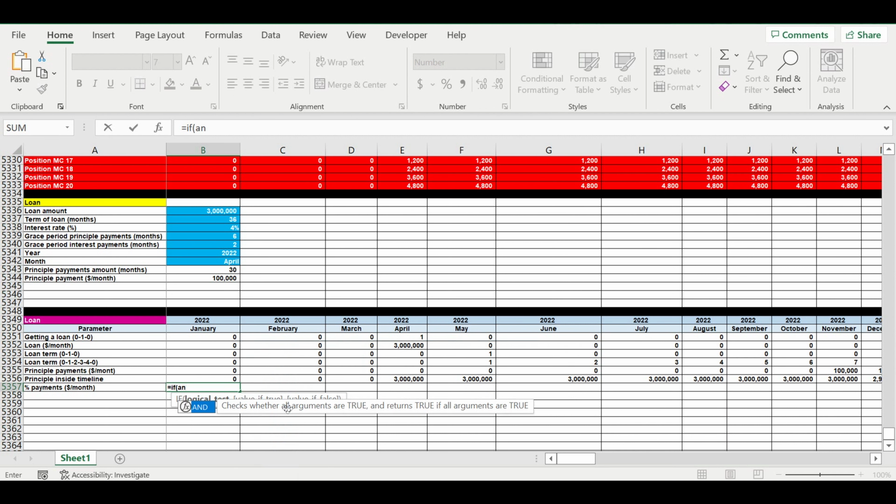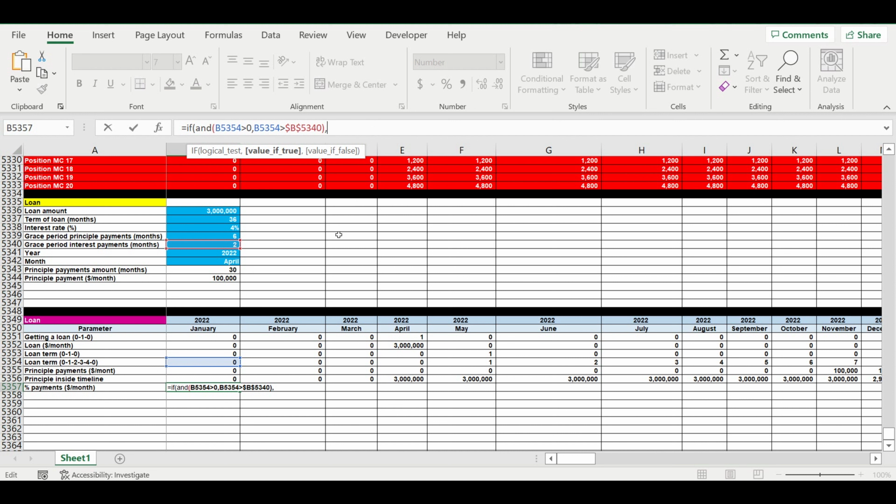If this one is more than 0 and this one is more than this value, then we are taking the principal and multiply it by the interest rate divided by 12. Otherwise 0.